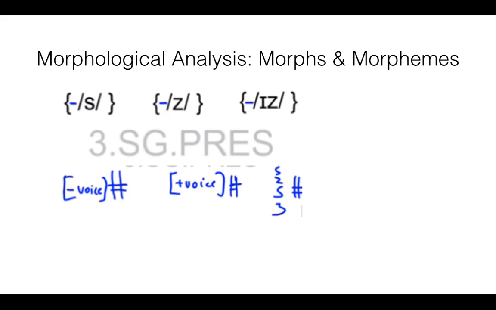When we have a word or a morpheme finishing with a voiceless sound, like the verb walk, k is minus voice, it's voiceless. So when we put S next to it, with he and she, it has to be pronounced voiceless as well. So this is the environment.